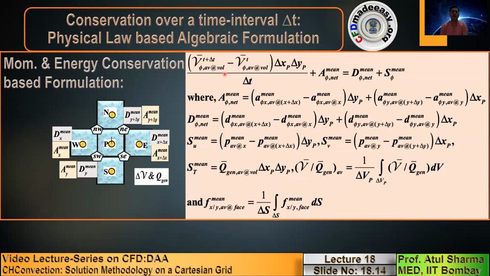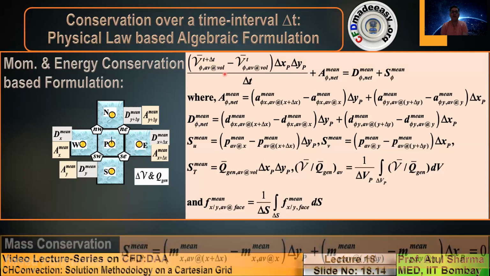In convection, the formulation was presented only for the energy conservation law; here it is presented for energy as well as momentum conservation law. And momentum conservation law has two components: X momentum and Y momentum conservation law.